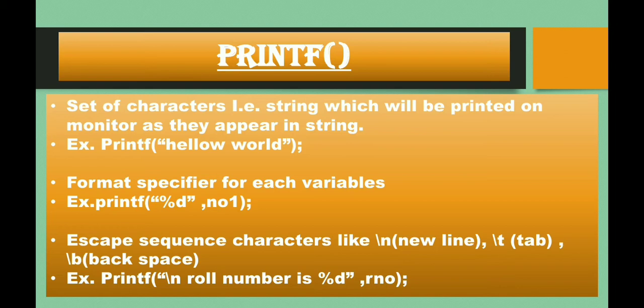Here %d is written, meaning the specification is given, that the roll number variable is of integer type. Then after the double quote ends, after a comma, RNO is our variable name that holds the value that we want to print on the screen.